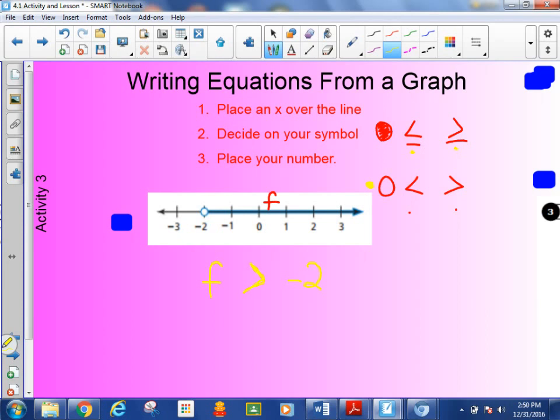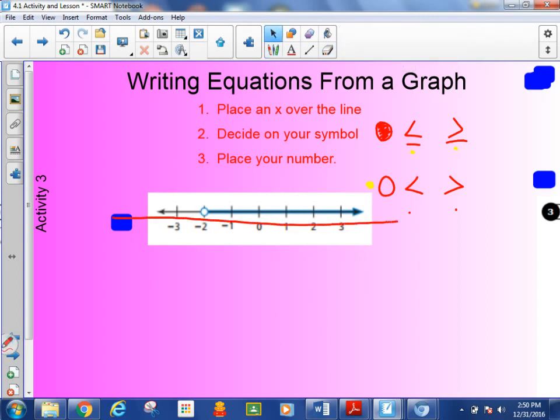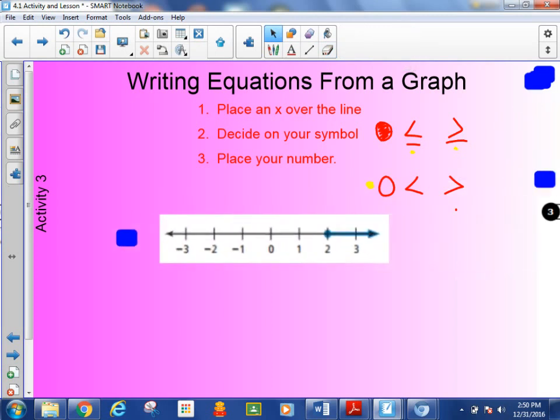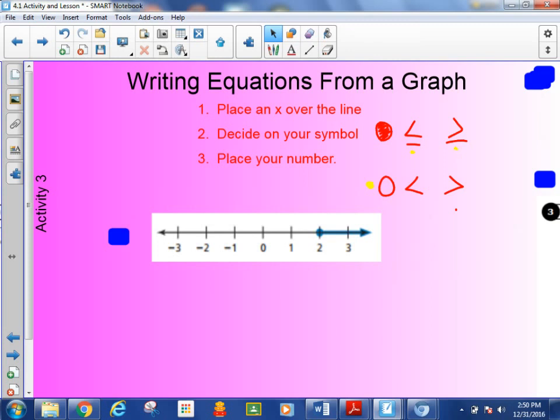So there's my equation. So F is greater than -2. And I'm not putting the line underneath because it's not also equal to. The more you practice these, the faster you become at them. Okay, so just be patient, practice those simple techniques, and then pretty soon it becomes pretty easy.